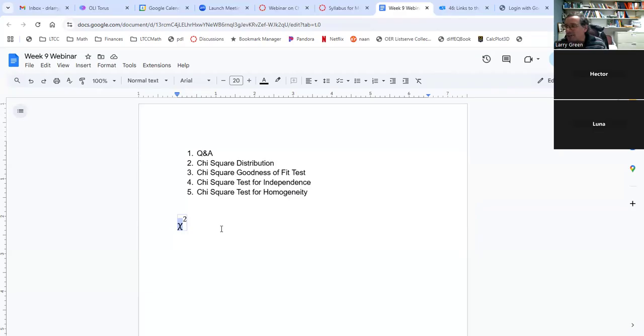If you are having trouble, like in a discussion post or on the exam next week, trying to figure out how to make that show up, then you can just type in chi-square, C-H-I-S-Q-U-A-R-E, and that's fine, because this is the symbol we use, and this is how you say it. So that is the plan for this evening's webinar.